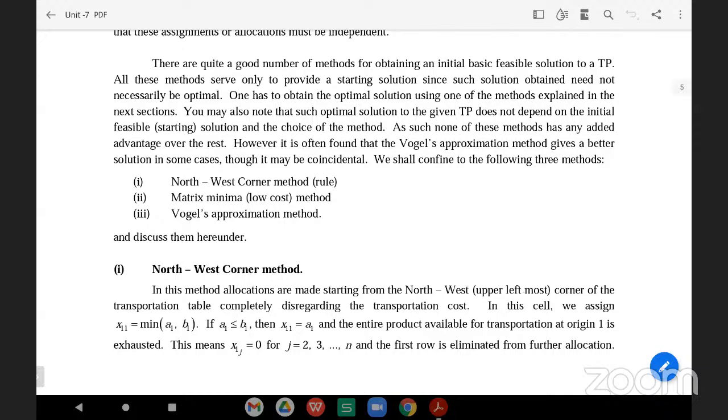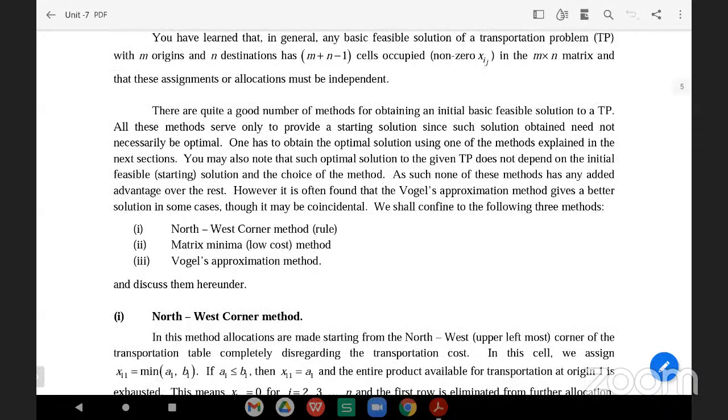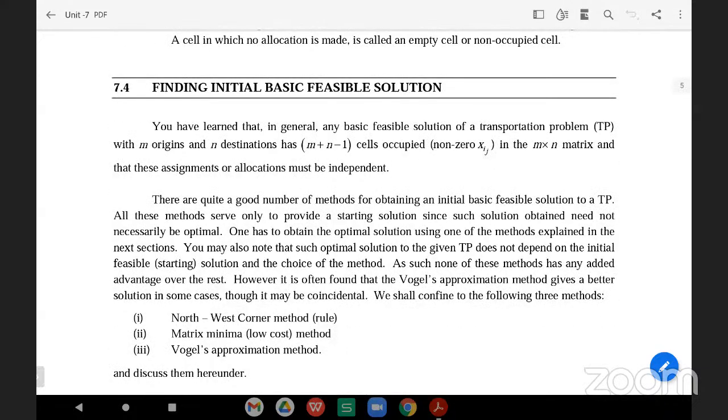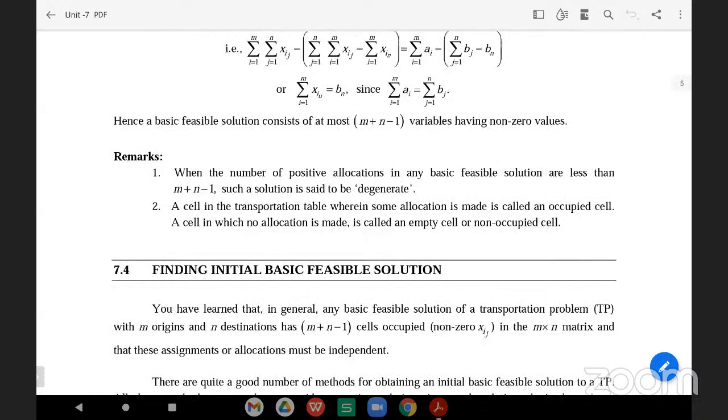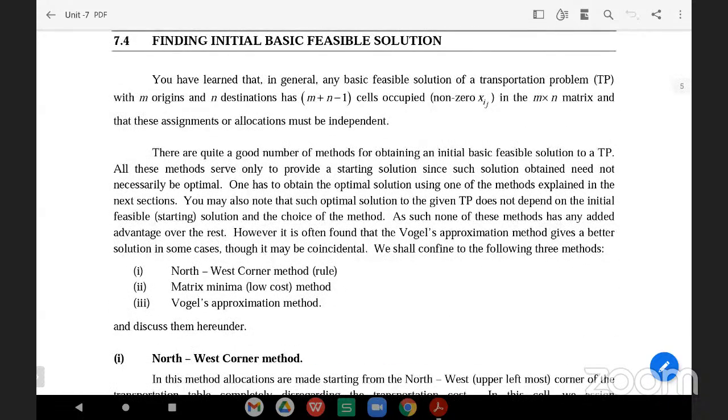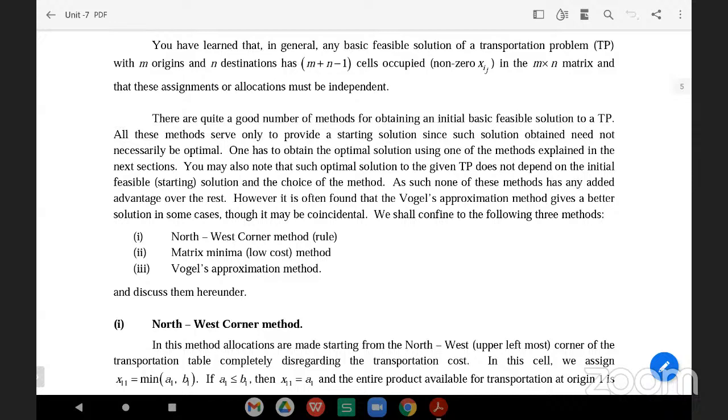Now, for finding the initial basic feasible solutions, we have 3 methods. From these 3 methods, whether we get the exact answer or not, from the testing point of view, we have 2 more methods.